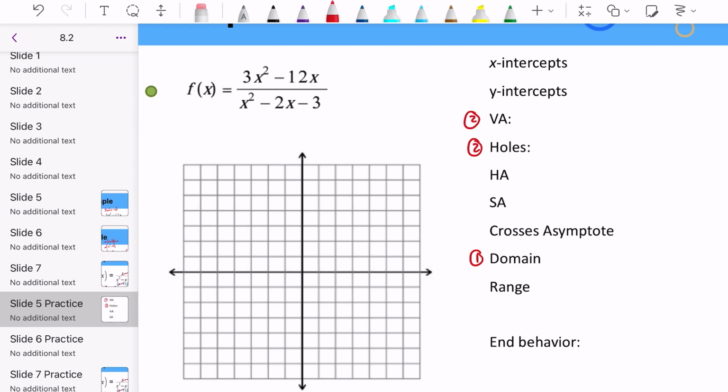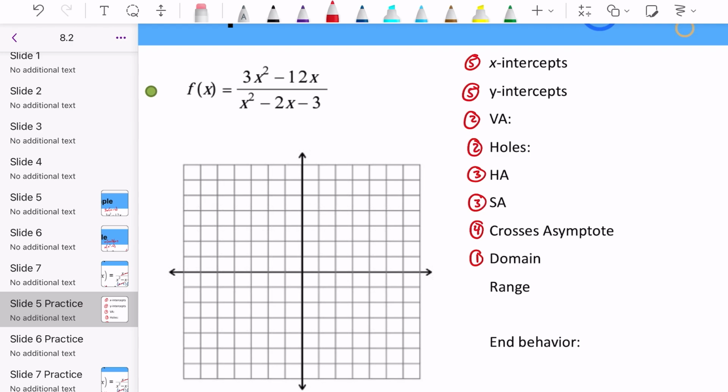Next, you'll go into your horizontal or slant asymptote, followed by the cross, x and y intercepts. And it's at this point that you would then begin to graph. From your graph, you would be able to once again go back into your domain to verify that everything is accurate, your domain, your range, your end behavior, as well as your one-sided limits.